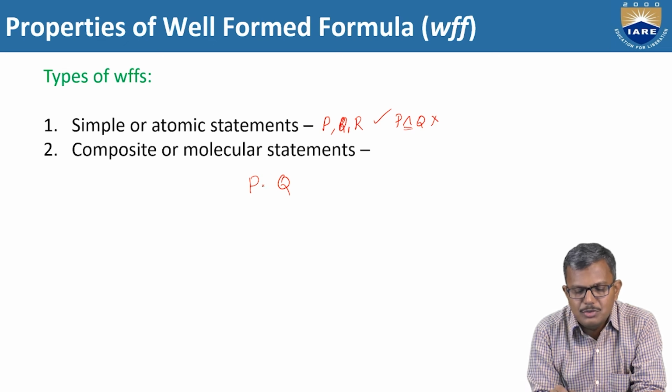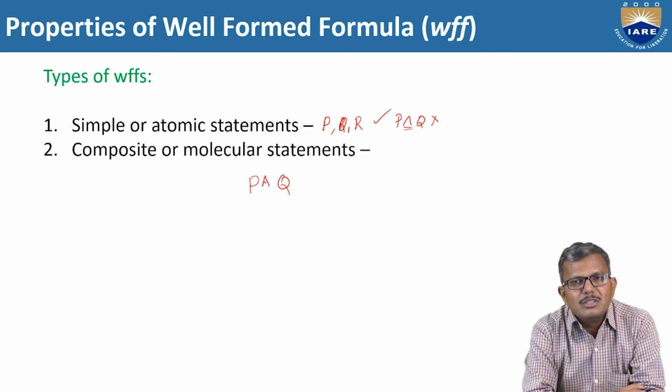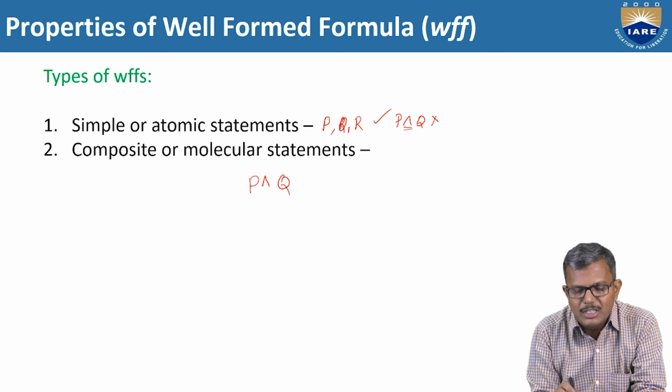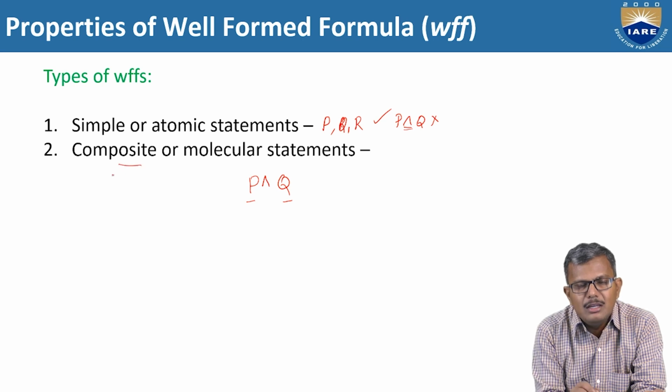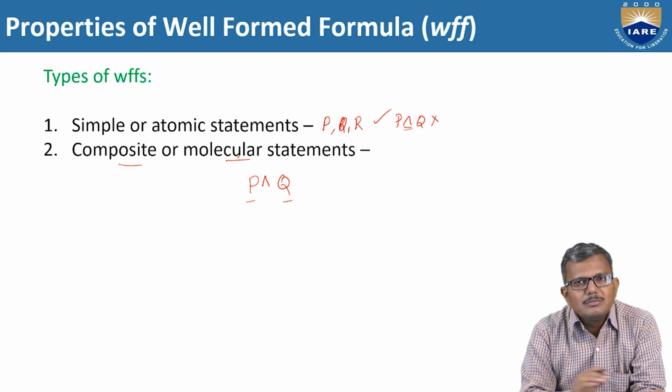So you should use a conjunction between these two, and it becomes P and Q. Here we are talking about two atomic statements. Whenever you combine two atomic statements with the help of some connectives, we can say that it is either a composite statement or a molecular statement.